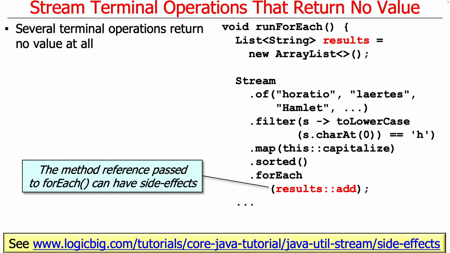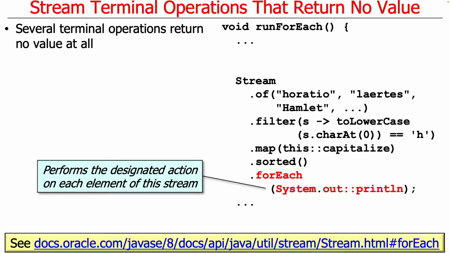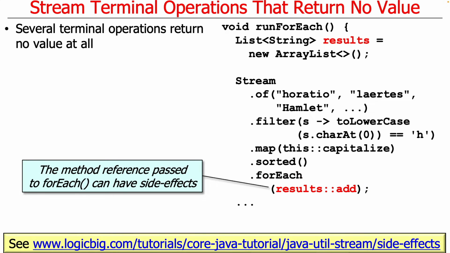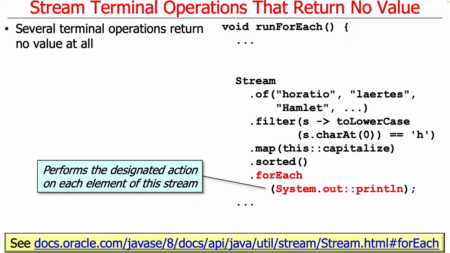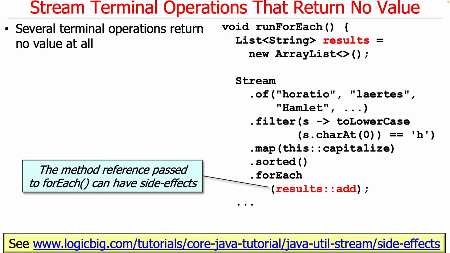Now, the example here kind of made this point, but I'll make it even more clear. This has a side effect, and whatever it does, it'll do as a side effect of being called on each element in the stream. So in this case, println printed the element, but you could have other side effects, such as what I'm showing here.